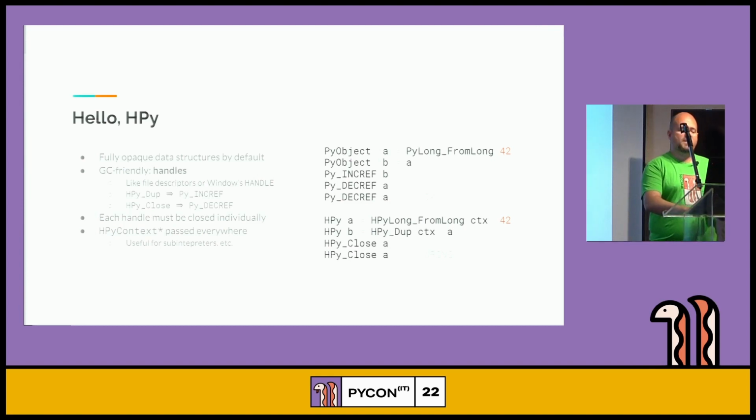From the hpy point of view, this is wrong. You cannot close the same handle twice. We should close A and B separately. And this change alone makes everything simpler for extensions, for, well, implementations. The other thing is that we have this hpy context object, which we pass around everywhere.